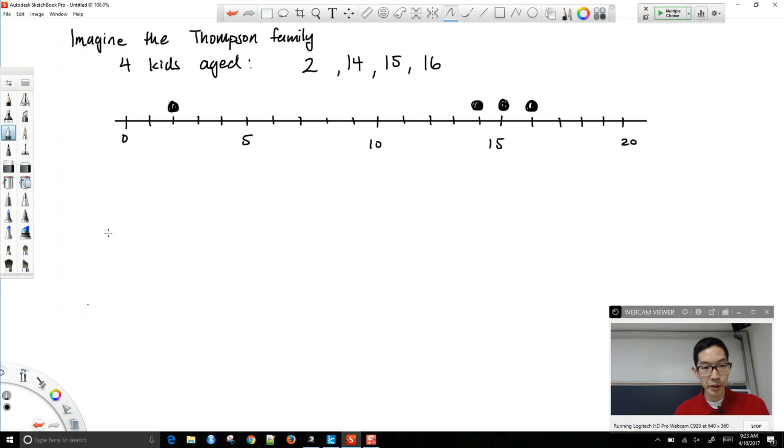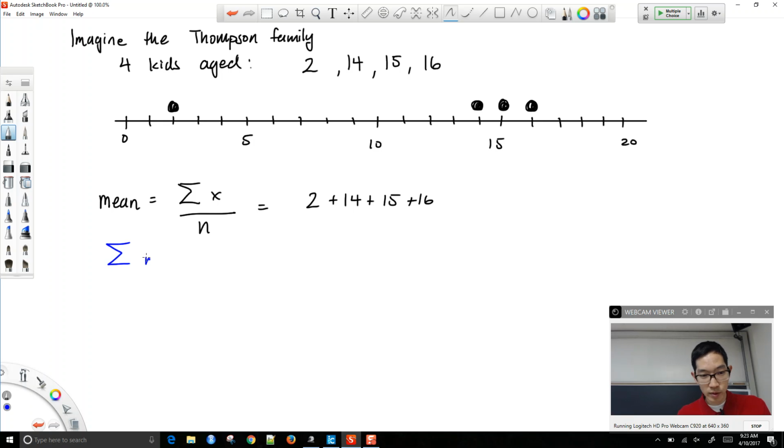Okay, if we calculate the mean, I think we're familiar with this. We add up all of the x values and we divide by how many we have. So I go 2 plus. Are you guys okay with this symbol? This symbol just means add them up. It means sum.